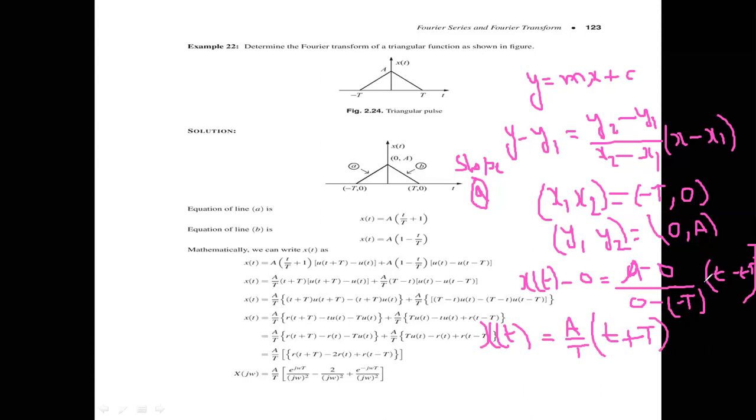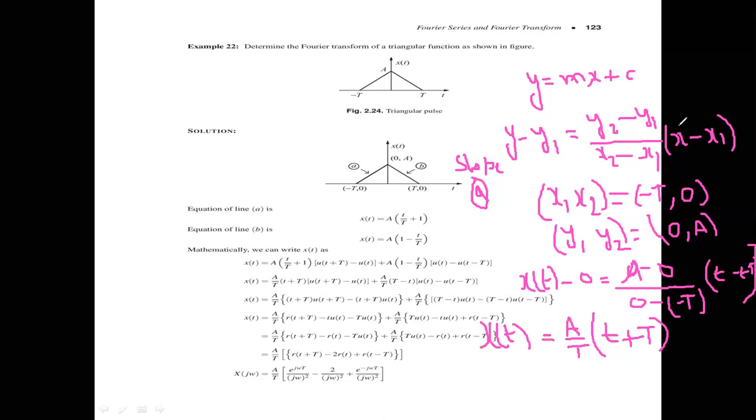Okay, students, any confusion here? X of t is the y because the x of t signal is on the y-axis, and y1 is 0 here. Y2 is a and y1 is again 0, so a minus 0, and x2 is 0 here, and x1 is minus T, minus of minus T, and this is the t.